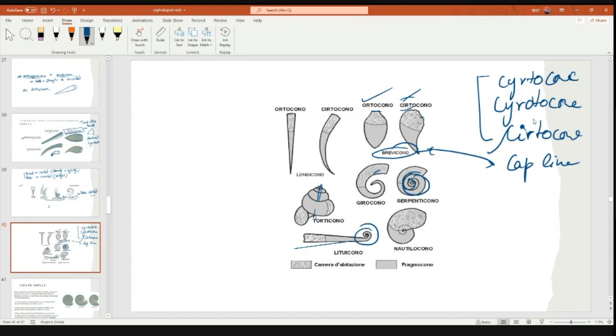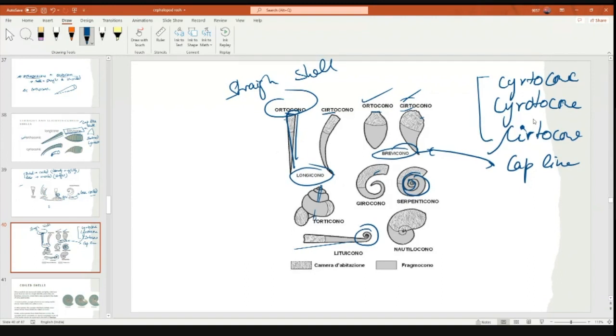And these two belong to the brevicone, which is cap-like. And orthocone and cyrtocone are the longicones, which generally have a straight shell. Ortho means straight shell; you have to always remember ortho means straight shell form, and if there is C, it means quite curved. So these are the curved ones. And nautilicone, generally what happened, the initial coiled part.